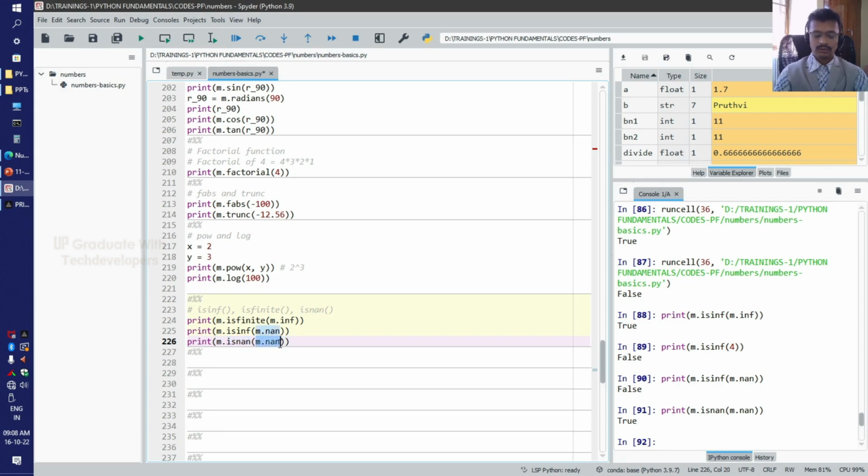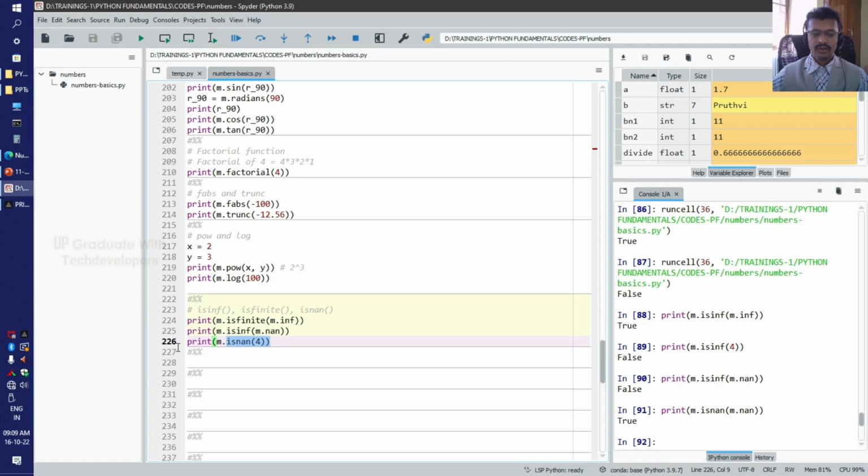Let us use 4 instead of not a number. 4 is a number, it is an integer value. It is not of type nan. While pronouncing it, it looks like not a number, so don't get confused, it is not of type nan. 4 is an integer value.